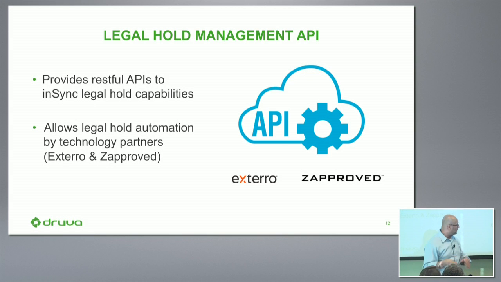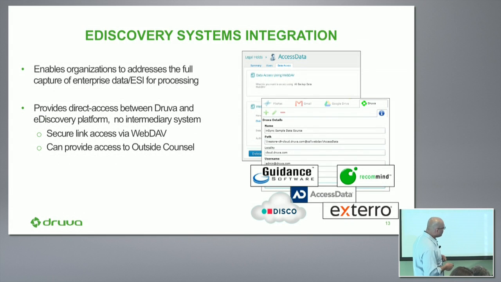So it's a cloud-to-cloud transfer. Xtero uses our APIs to immediately put users on legal hold right from their platform, thereby simplifying the overall integration process for organizations and improving usability. Here are our partners over here.